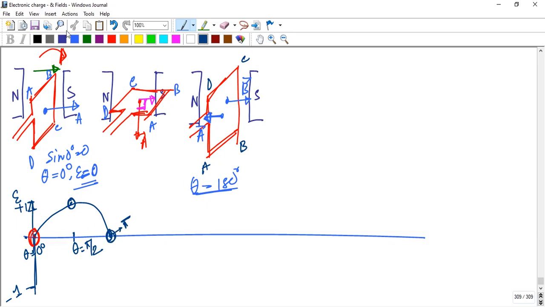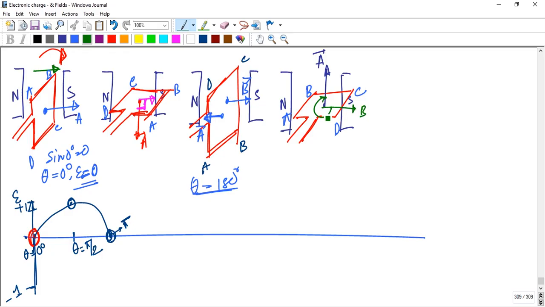Now there is a north, there is a south, the coil rotates. Now A, B, C, D, the area in A and B in that direction, the angle is 270 degree.